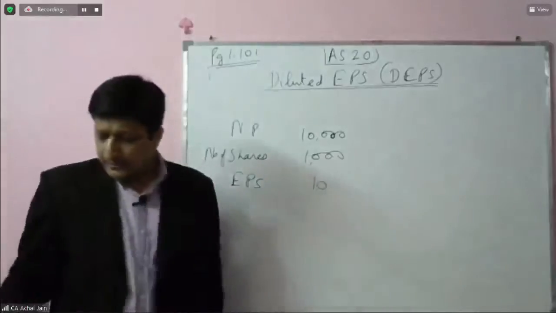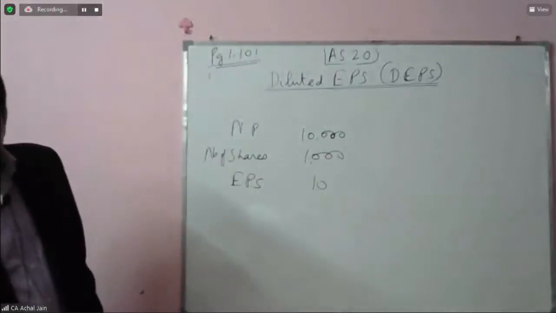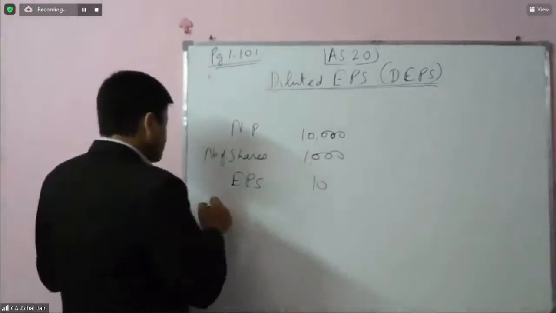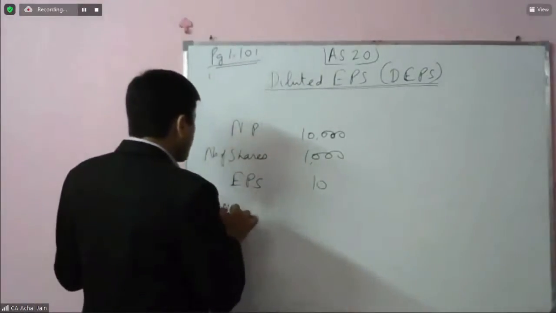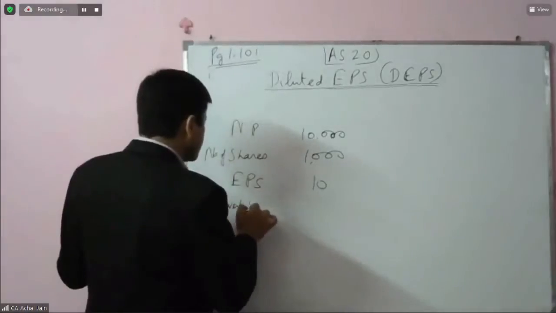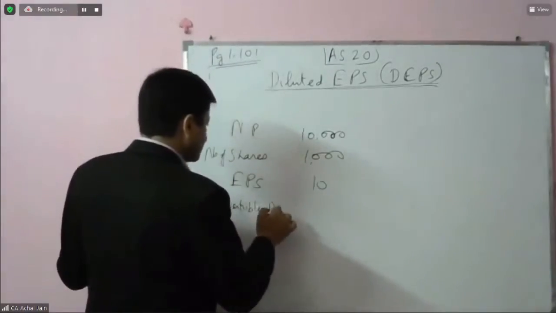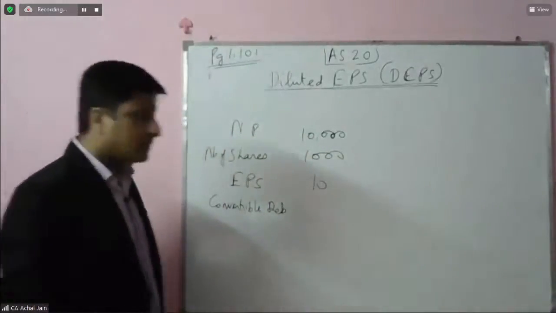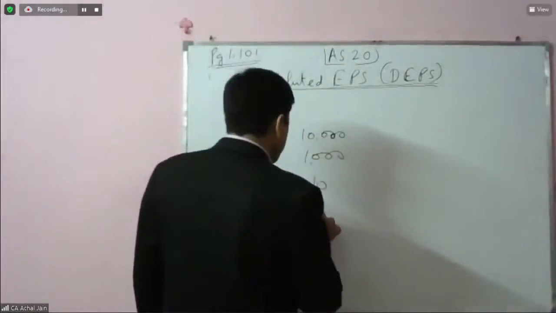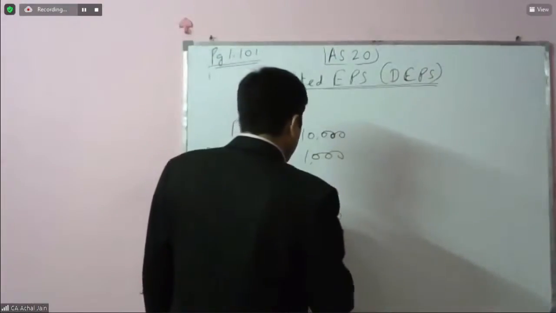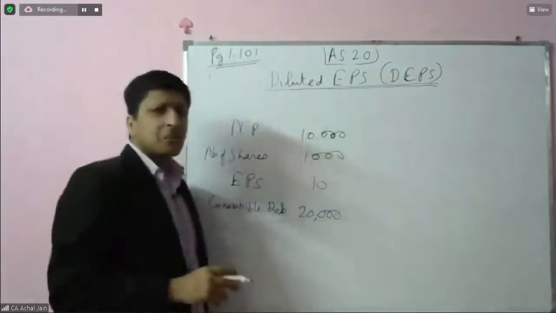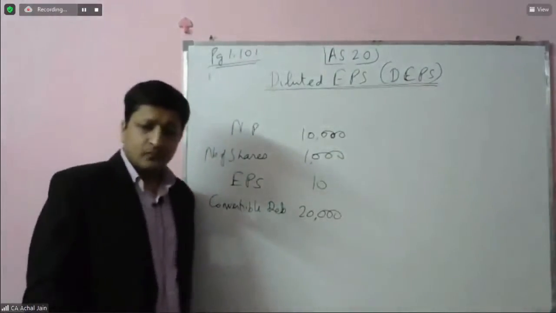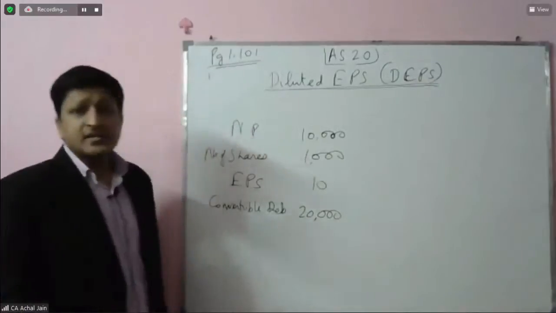Now, in this case, let's assume that the company has got convertible debentures amounting to rupees 20,000. This is the number of debentures which the company is having, on which interest is also paid.